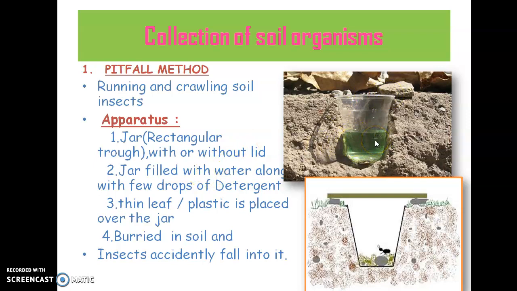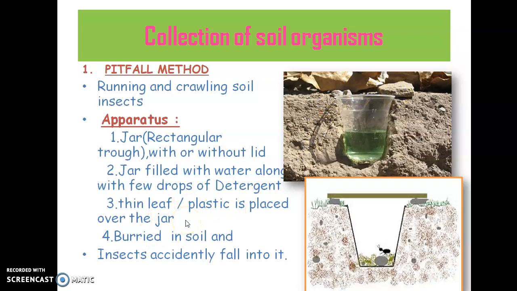What is the purpose of detergent? It will reduce the surface tension. So this is the material that we are introducing into this jar. Then it is covered with a thin leaf or plastic over the jar. As it does not have any lid, we are placing a thin leaf or plastic just above the jar.